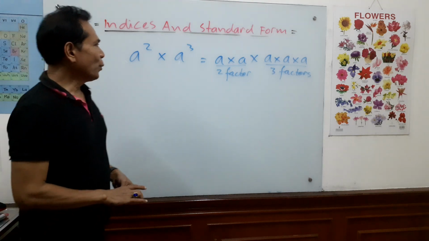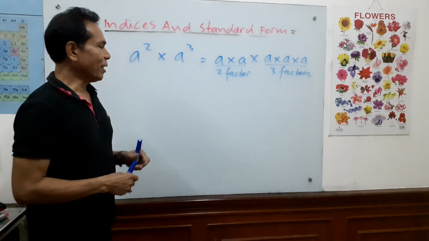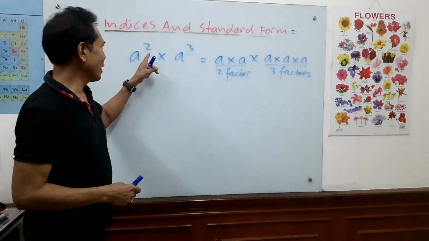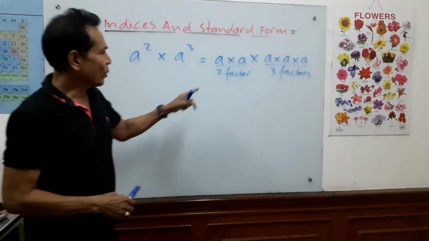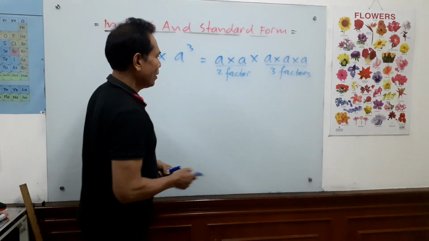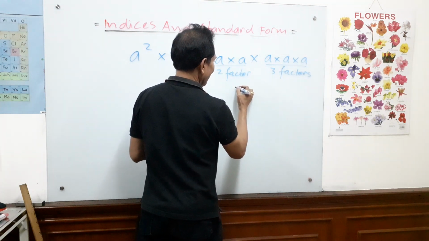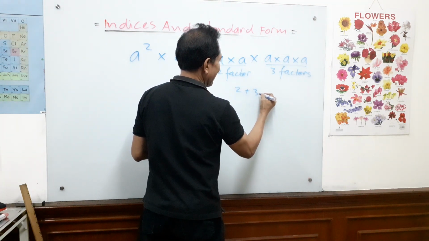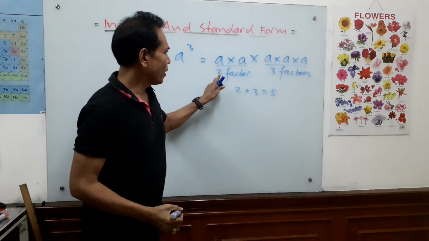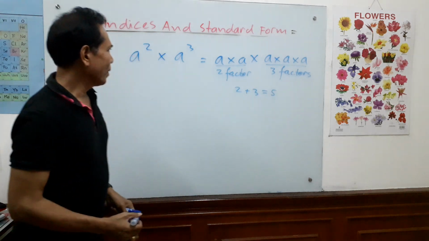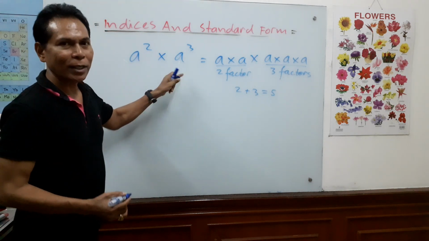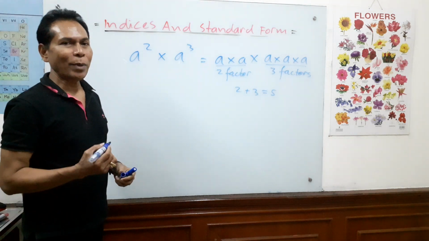Now, when you multiply something like this, you need to add the powers. Remember here, children, we have 2 factors here, we have 3 factors here. So 2 plus 3 equals 5. Remember, when we multiply something like this, we add the powers.